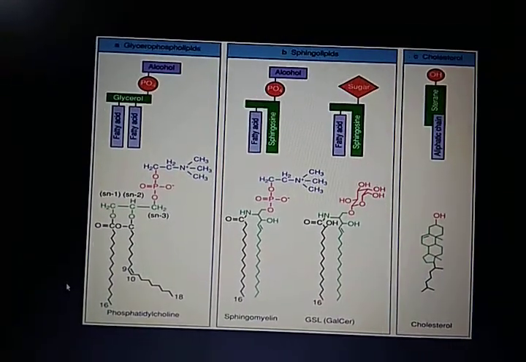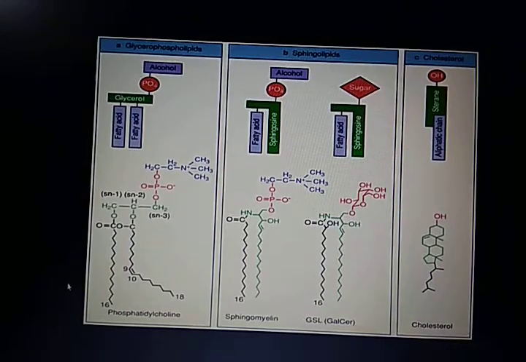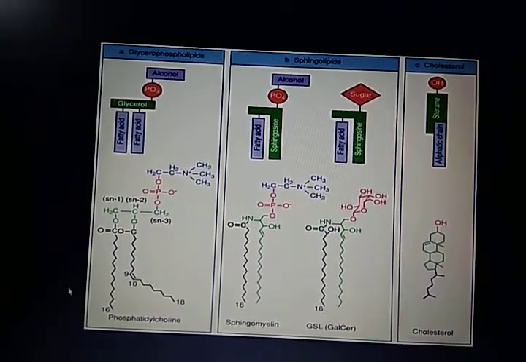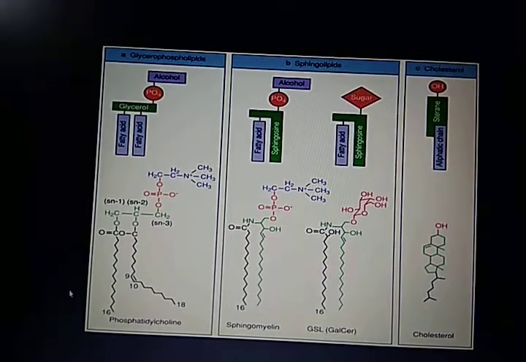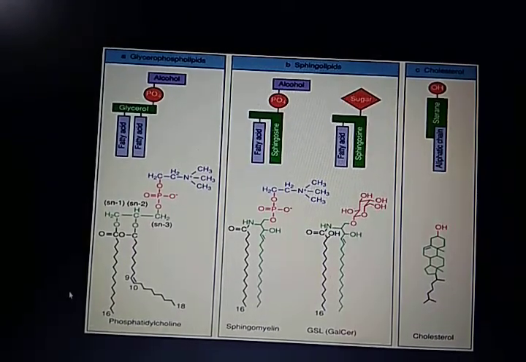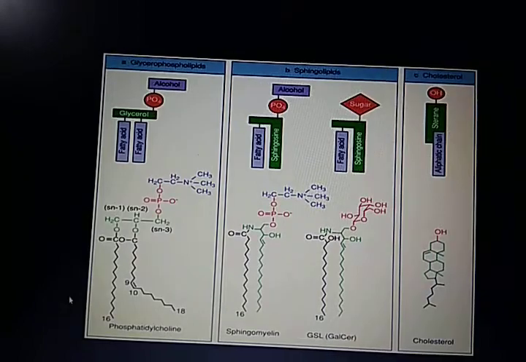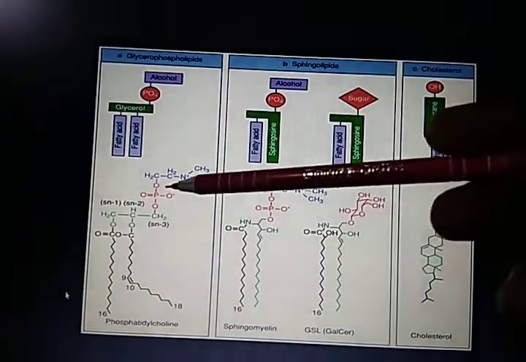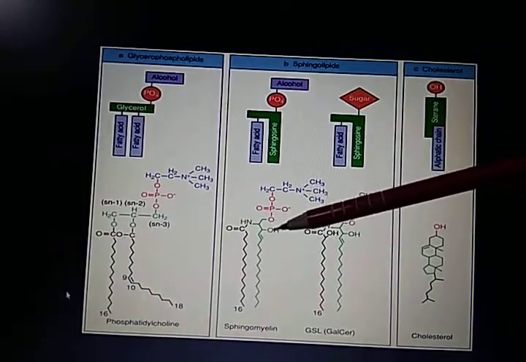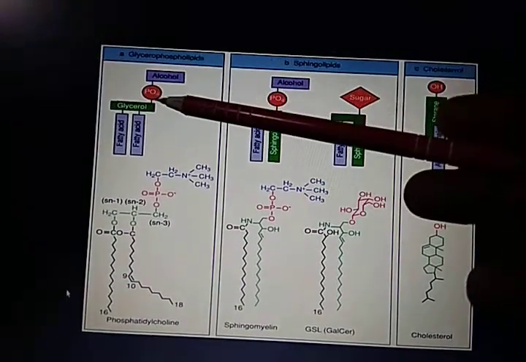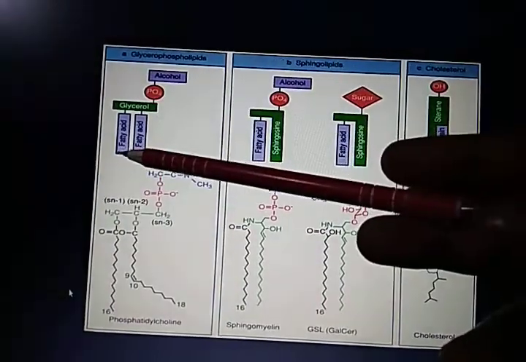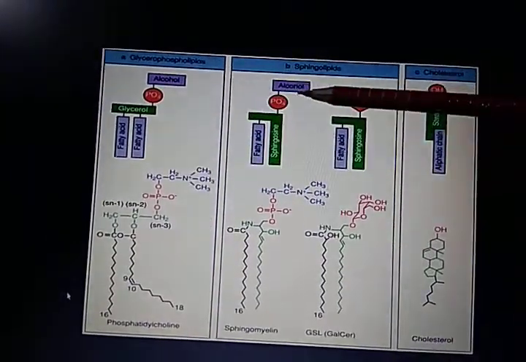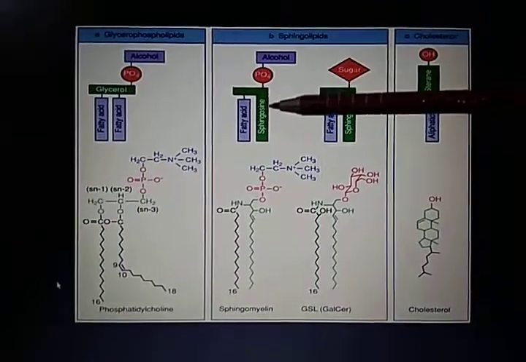All sphingolipids have two long hydrophobic hydrocarbon chains attached at one end and a hydrophilic region at the other. They are also amphipathic and basically similar in overall structure to phosphoglycerides. But there is a difference: in phosphoglycerides the chains are of fatty acids, while in sphingolipids there is one chain containing sphingosine.